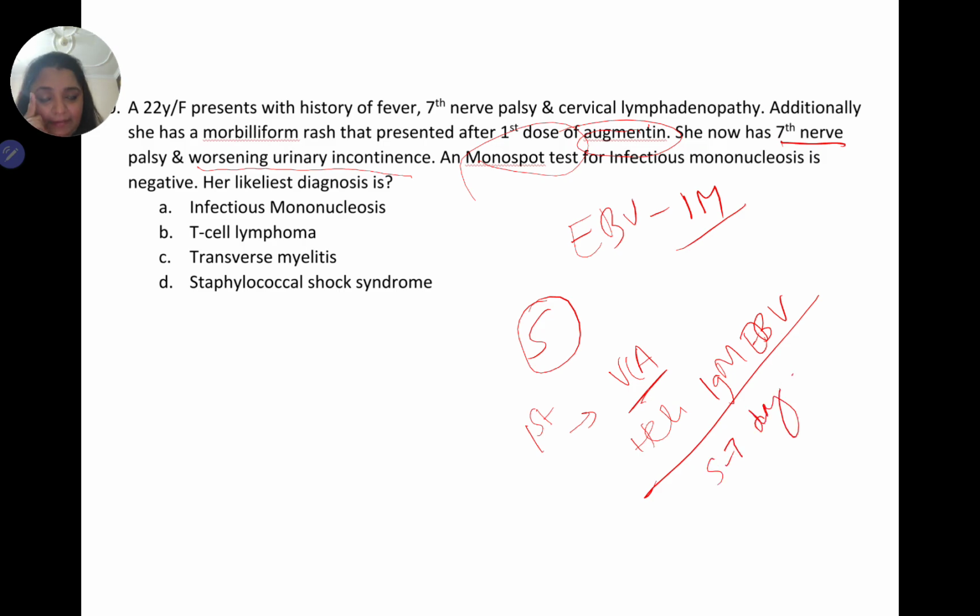So if you're doing it in the early phase, this can be negative, which can lead to false negative results. That is why you need to know what test to order at what part of the illness. So here, though the monospot is negative, it could highly be infectious mononucleosis.